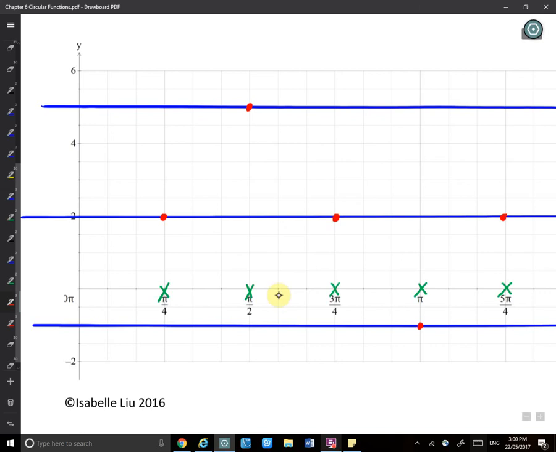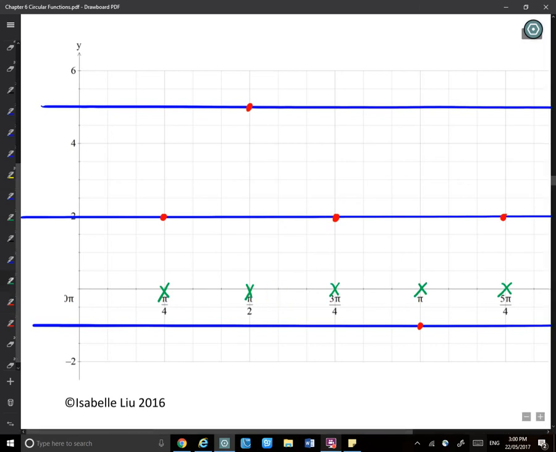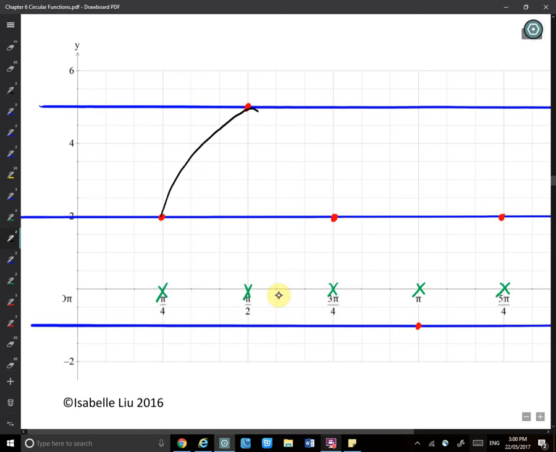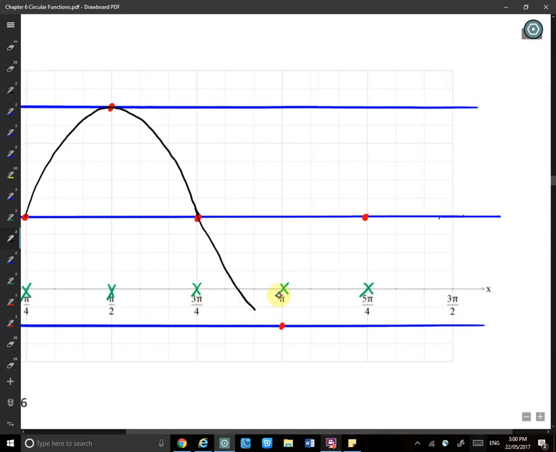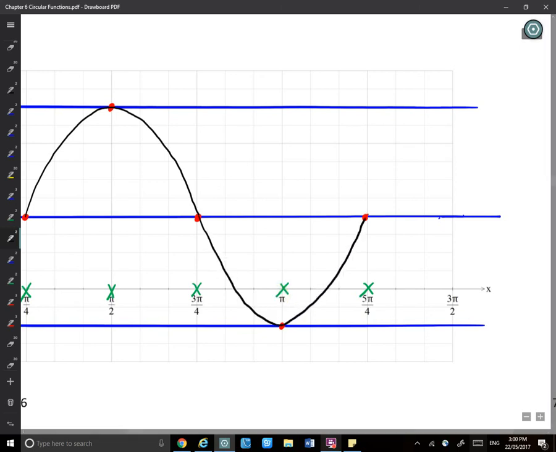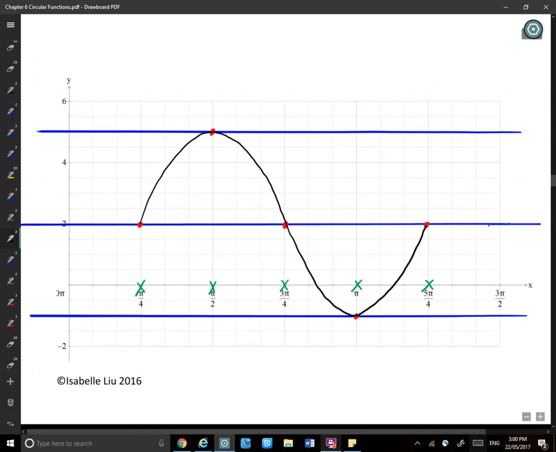And therefore, you can complete this graph by connecting all of that. You know what the graph will look like.